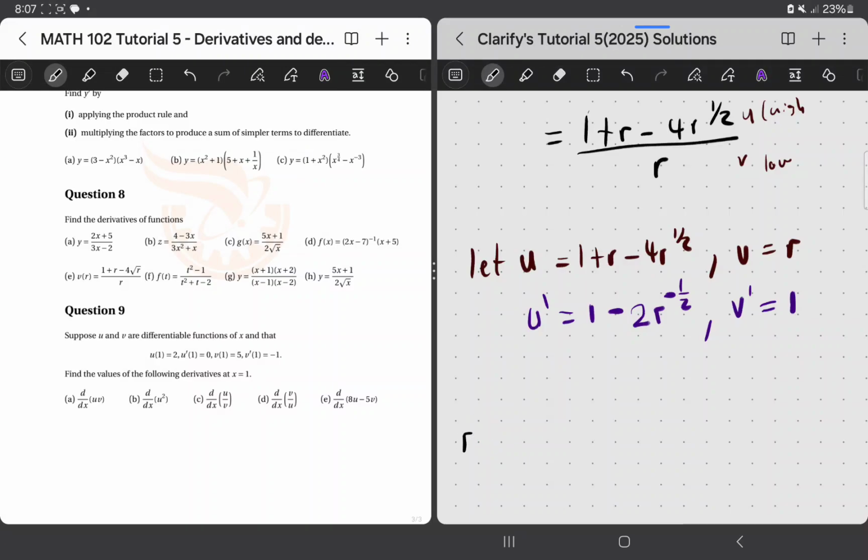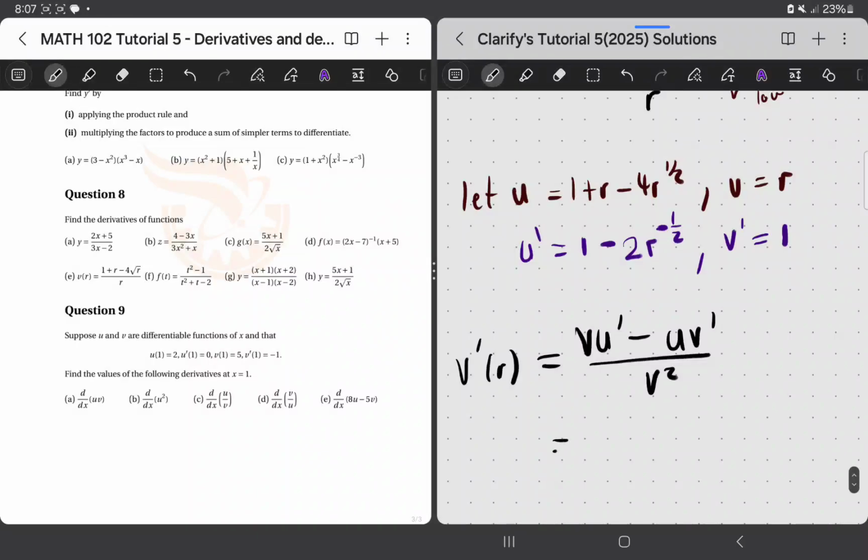Now that we have our V of R, we can say V prime of R is now going to be low, which is V, d high, U prime, minus high, U, d low, V prime, over the square of the bottom, which is V squared. What is my V? It's R. U prime is 1 minus 2R to the power of negative half.